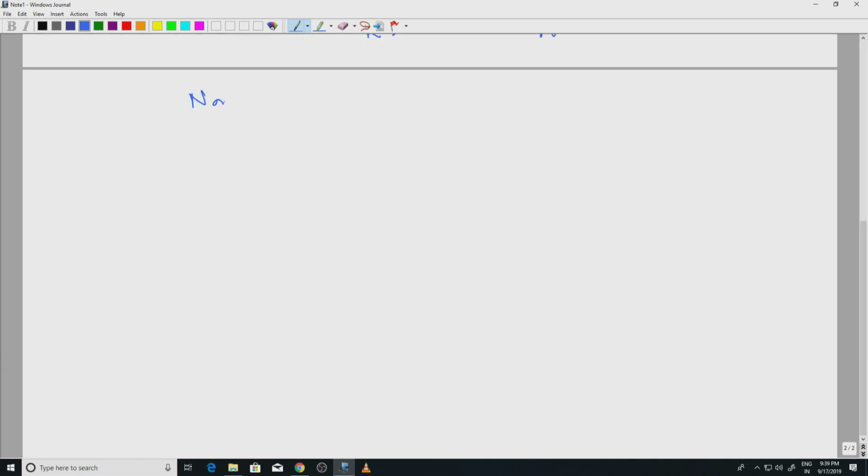Now consider f from U to R, where U in R^n, n greater than or equal to 1, is an open subset. So I have a function defined on an open subset of R^n.